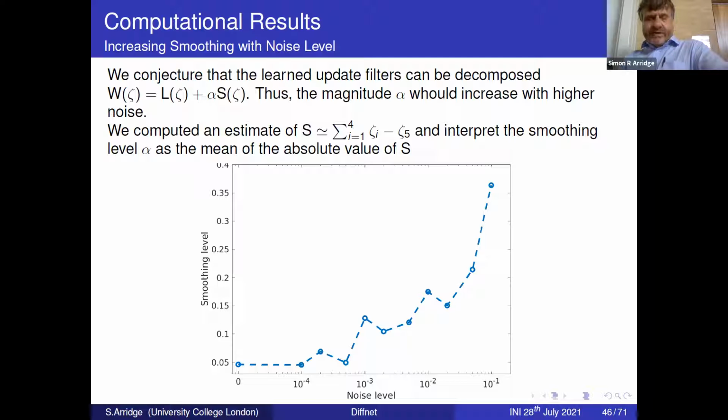Of course, in practice, you're learning some of the off-diagonal components, so they can also have spatially varying regularization. But what we would expect is that the difference from the zero mean increases with the level of noise.